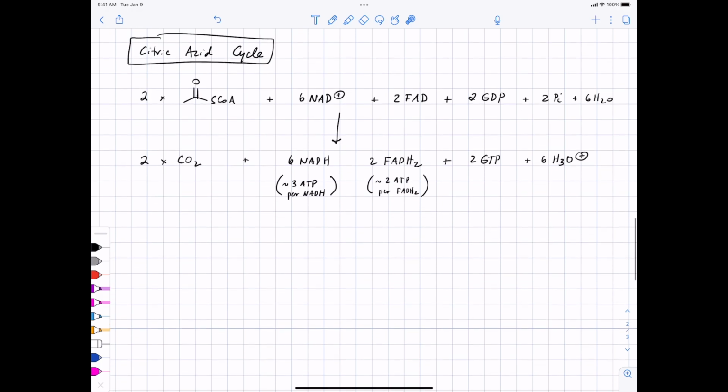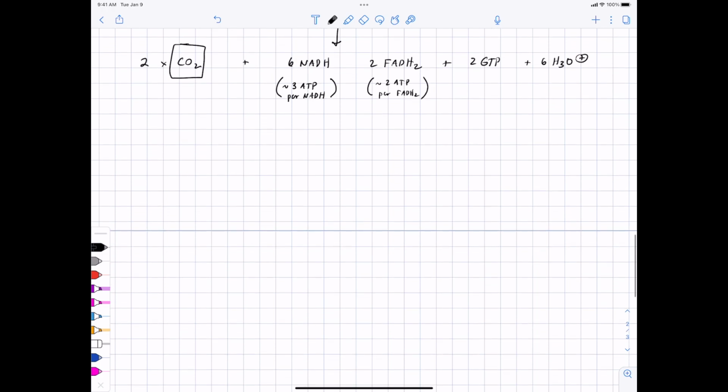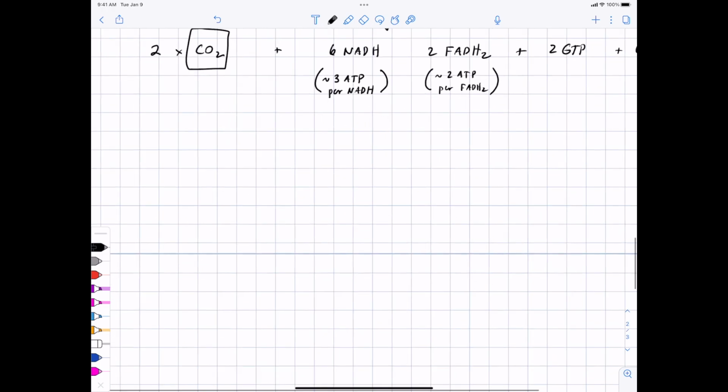So it's good overall. At least what organic chemists bring to the table here is the ability to see what the chemical strategy is. There's logic in all of this. You can see that you're going to get 2 molecules of CO2 out. So overall, our goal is to decarboxylate.